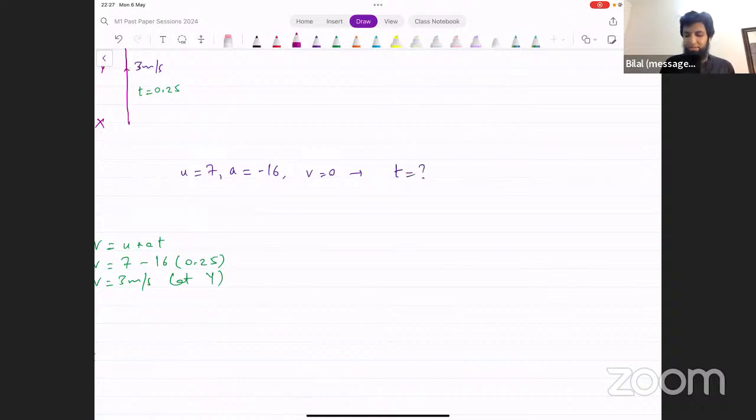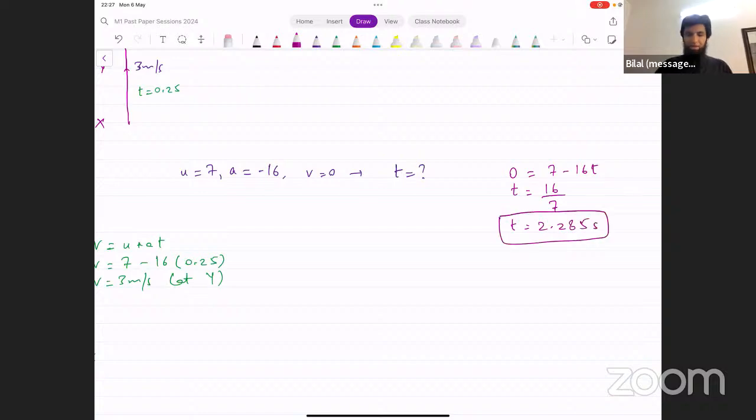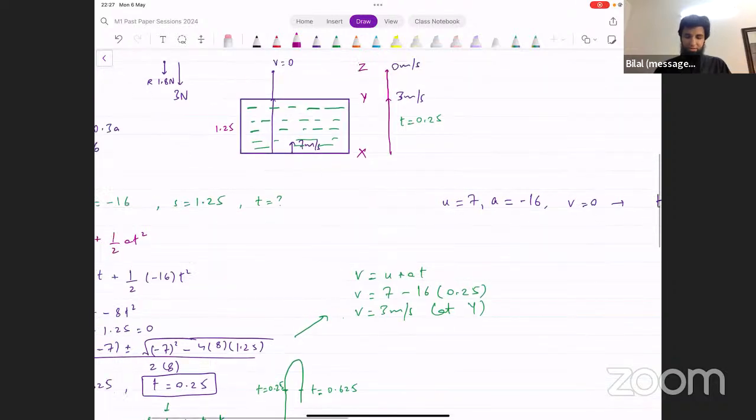V equals U plus AT. 0 equals 7 minus 16T. t equals 7 over 16. It's giving us 7 over 16, which is 0.4375 seconds.